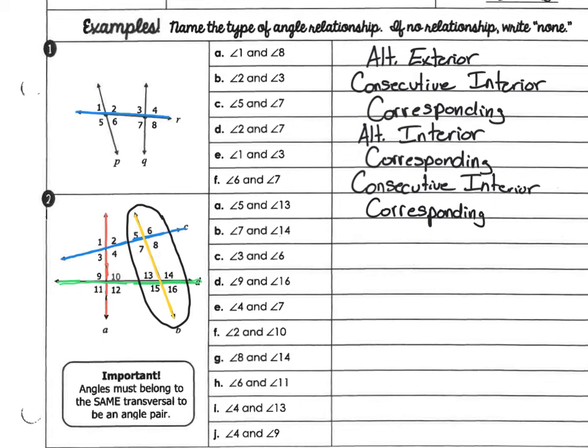So is 14 interior or exterior? I don't know. So these are the two lines that you're looking at. This one and this one. Is 14 inside of those or outside of those? Outside? So it's in the middle. So it would be interior. Okay. So they're both interior, right? Are they on the same side or opposite sides? Good.